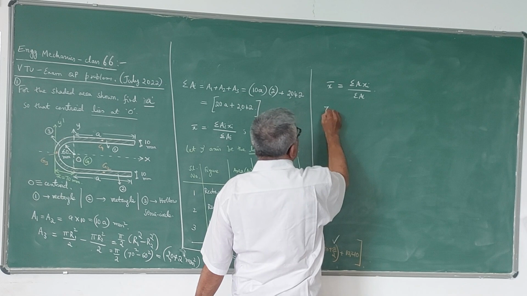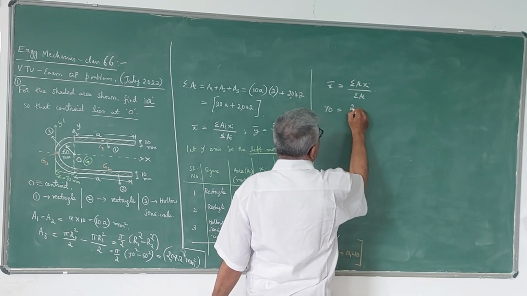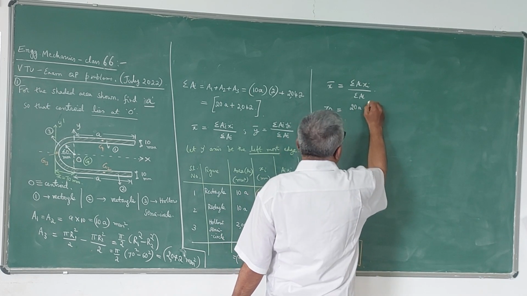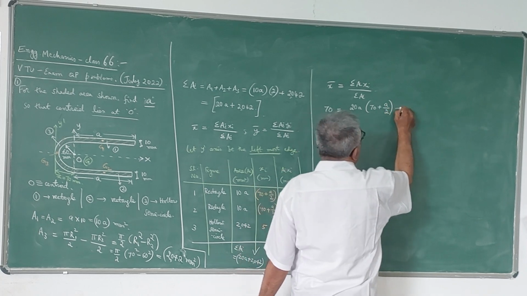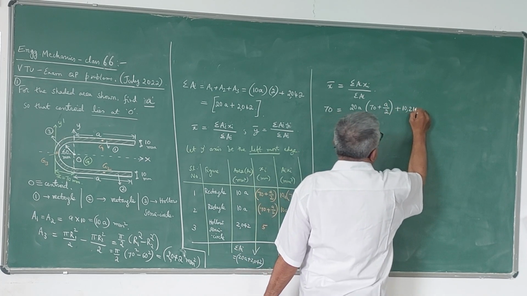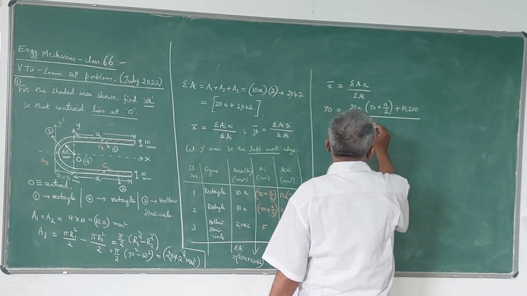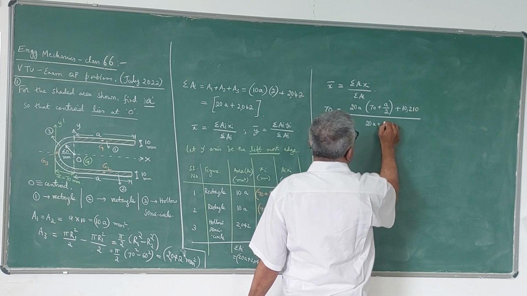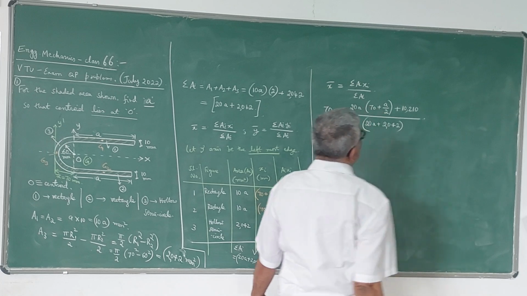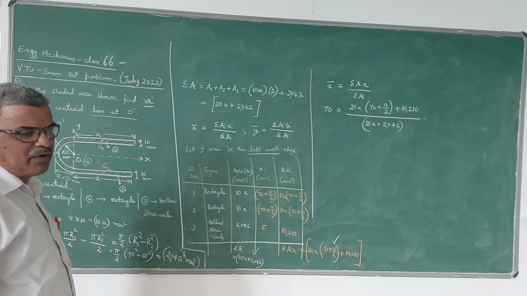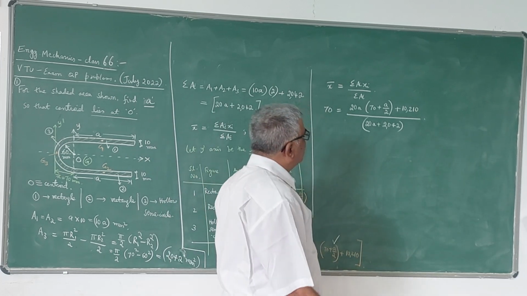So 70 mm is equal to 20 times a into 70 plus a by 2, plus 10,210, divided by sigma ai, which is 20a plus 2042. Now we have to cross multiply and simplify. Only one unknown is there, a, so if you solve for a, that is the answer.